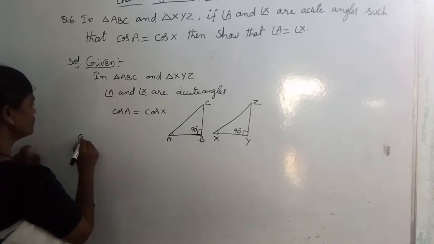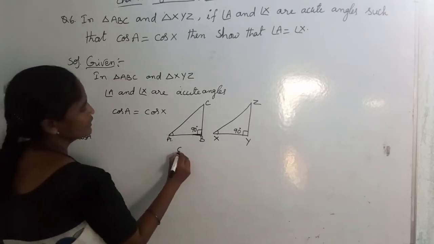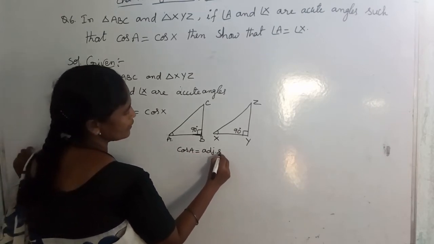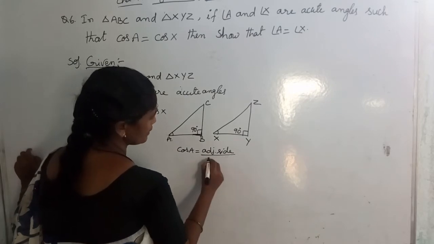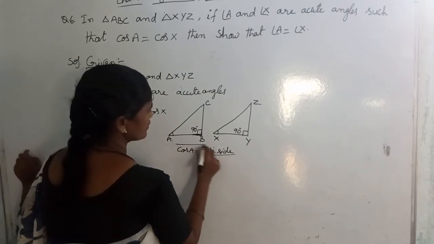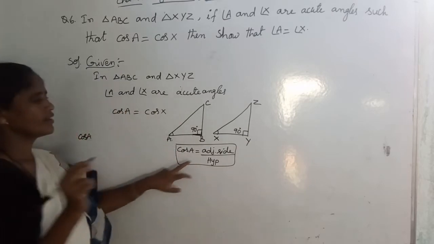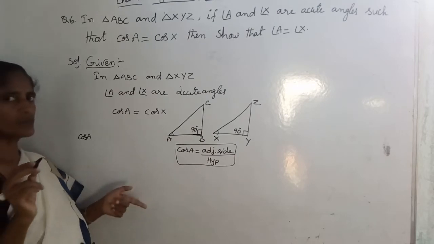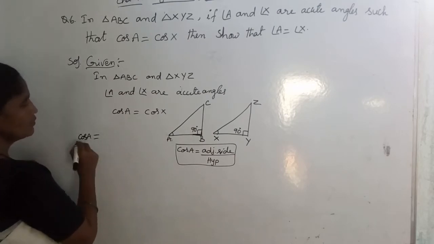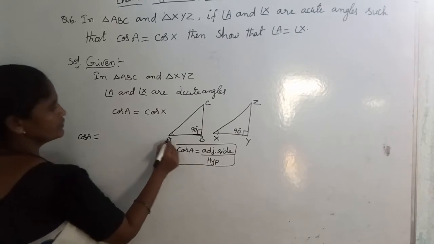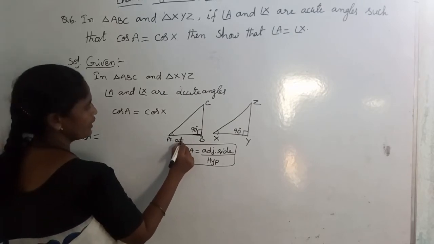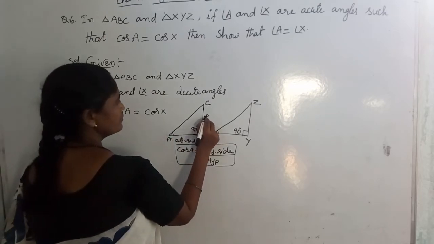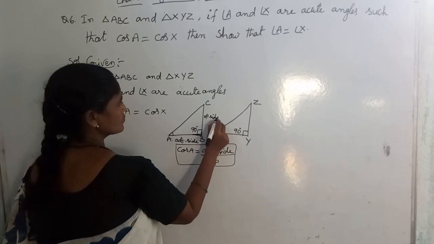Now cos A is equal to cos X is given. What is the sides ratio of cos A? Cos A is equal to adjacent side by hypotenuse. In the diagram, if you mention adjacent side, opposite side, hypotenuse, you can identify easily.